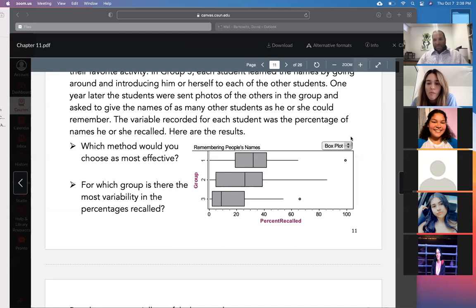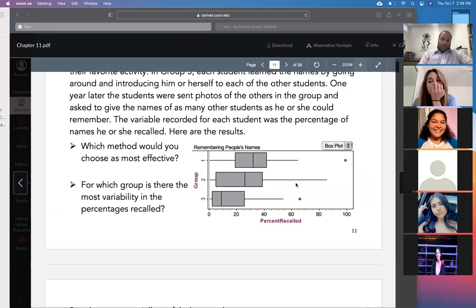But besides that guy with the photographic memory, it looks like group 1 is, as a general rule, the most effective. It has the highest median. Which group had the most variability, the most spread in values, other than outliers? That would be group 2.